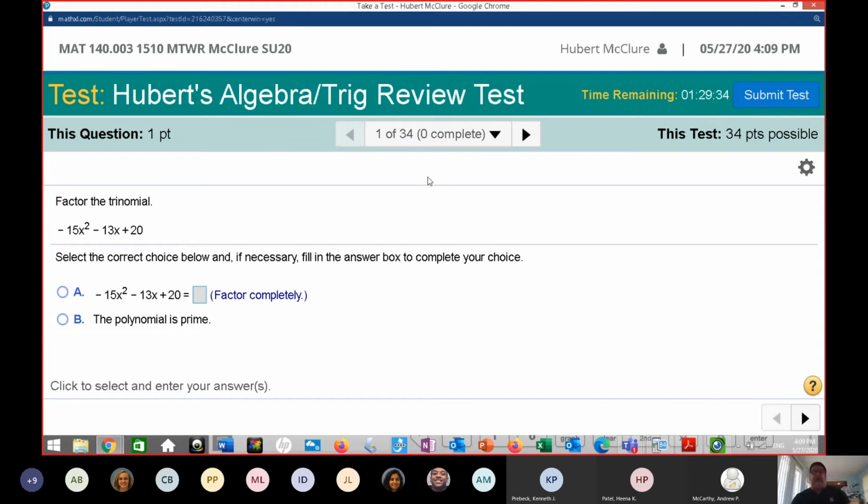And then you're going to call me and you're going to lie to me and say, Hubert, there was a thunderstorm here and my computer went out. And guess what the computer does when you do that? It puts in there, I think it says test was halted or something like that.